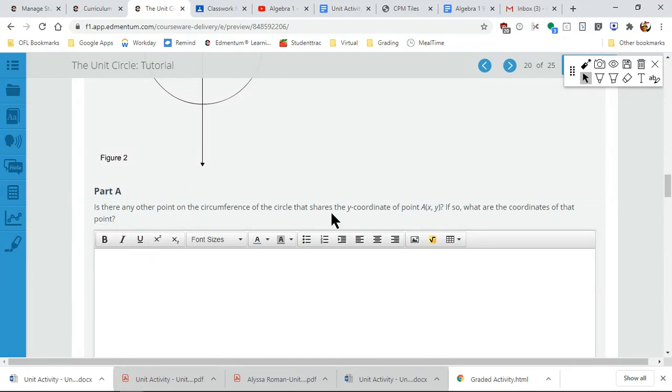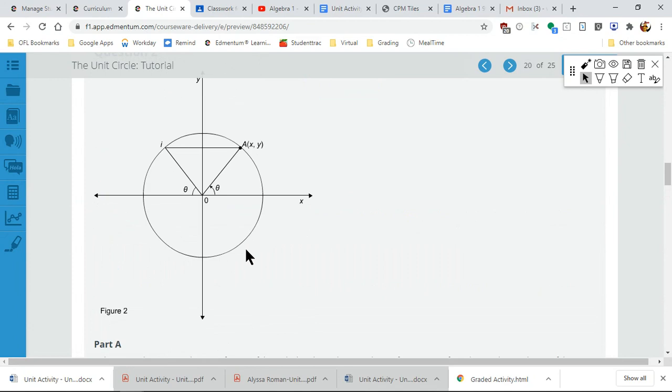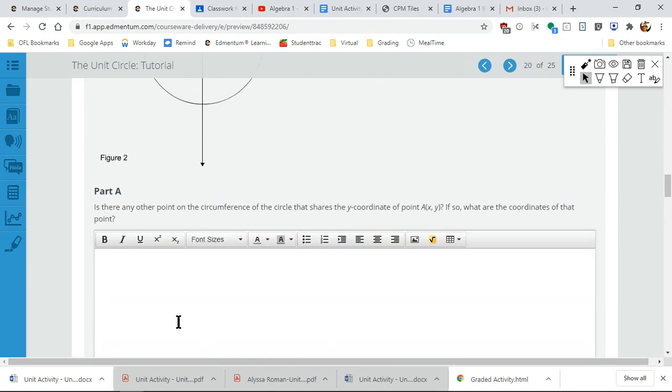So, is there any point on the circumference that's the same as this? You would say, yes, there is. What would that point be? We're going to say it shares the same y value. So a point that has the same y value would be negative x, comma, y.